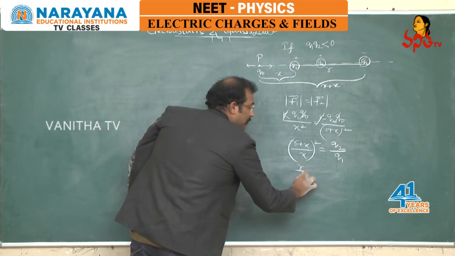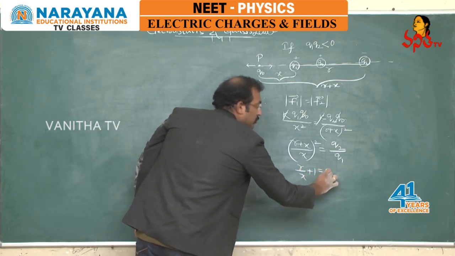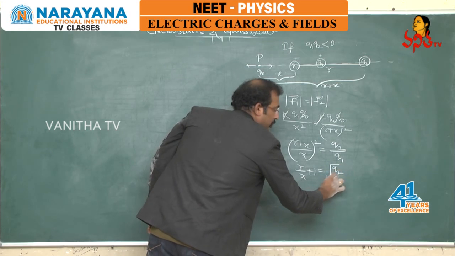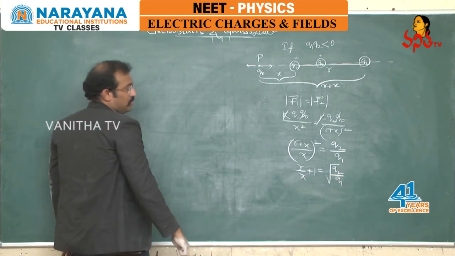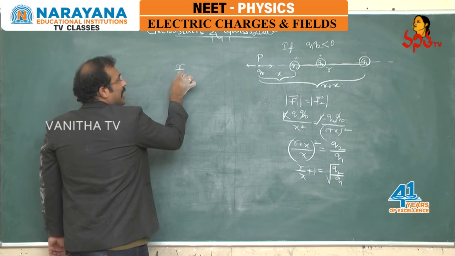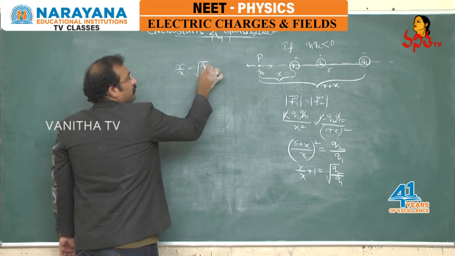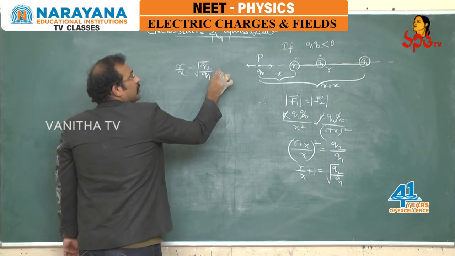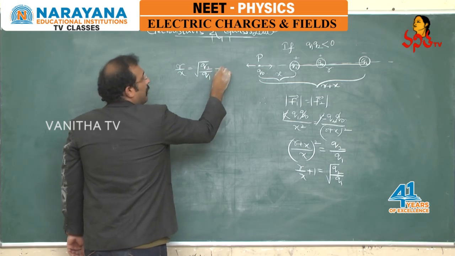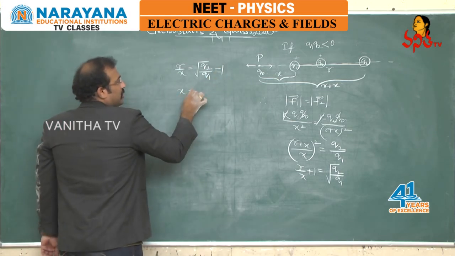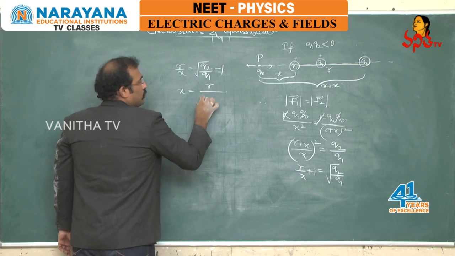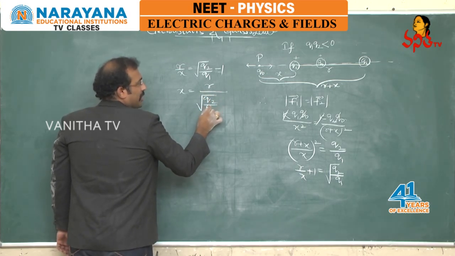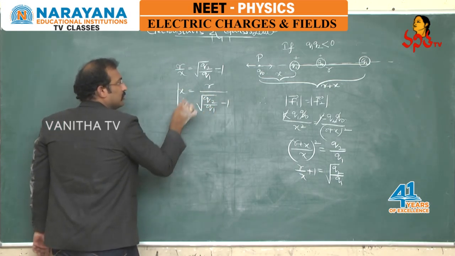So r by x plus 1 is equal to root of q2 by q1. So finally r by x is equal to root of q2 by q1 minus 1. So x is equal to r by (root of q2 by q1 minus 1).